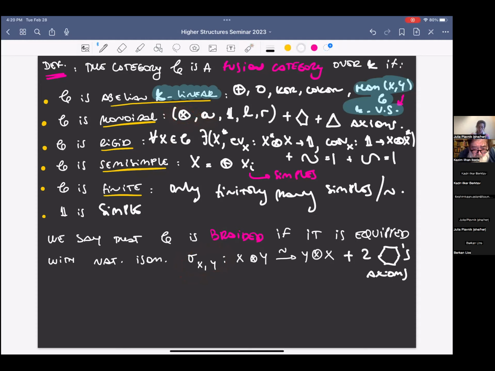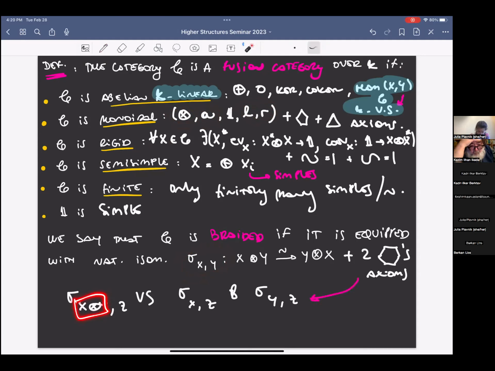This hexagon is comparing how, for example, this compares with this and this. There is a formula that you can write, and basically, when you do this, you get something like the braid equation in the strict case, meaning that the associators are all identities. There are two axioms, because you could put the tensor product on this side or on that side. I was not going to write the braid equation or the strict case, but if you want, I can do it.